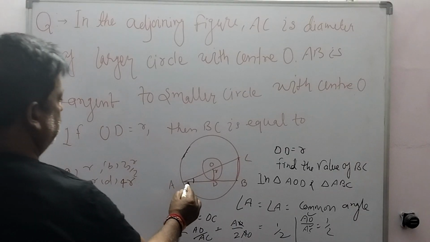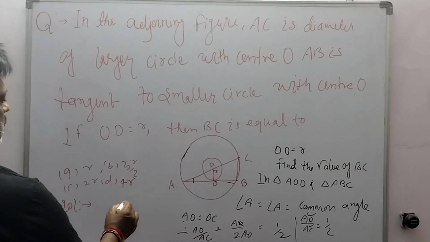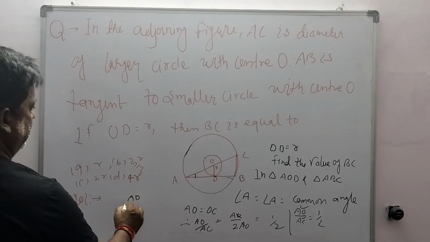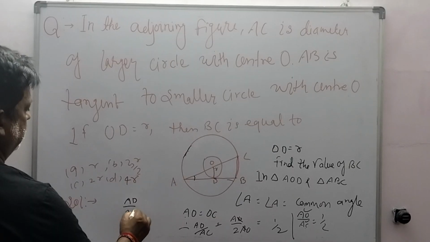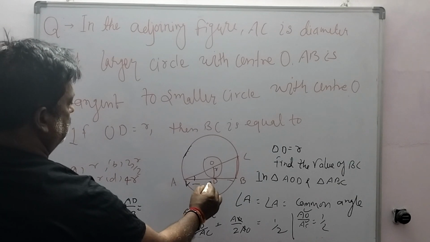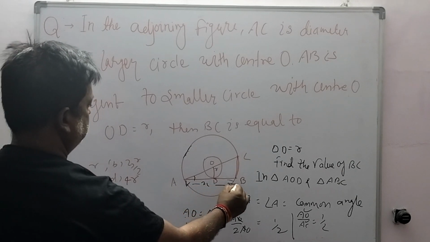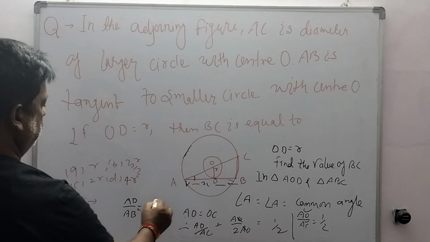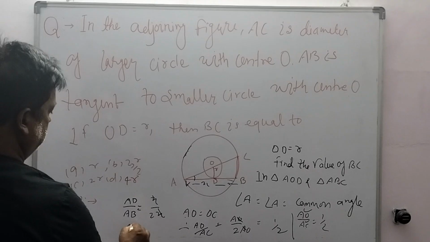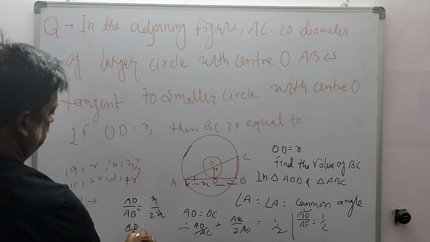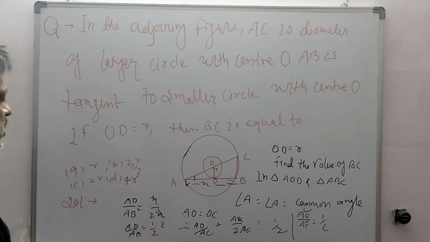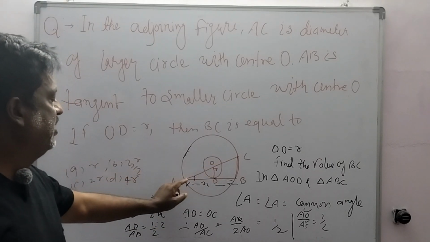And if we see in that triangle, AD by AB. AD is the same length as DB. Suppose this is X, then this is also X. So AD equal to X, AB equal to 2X. So AD by AB is 1:2, that is 1/2, which means both have the same ratio.